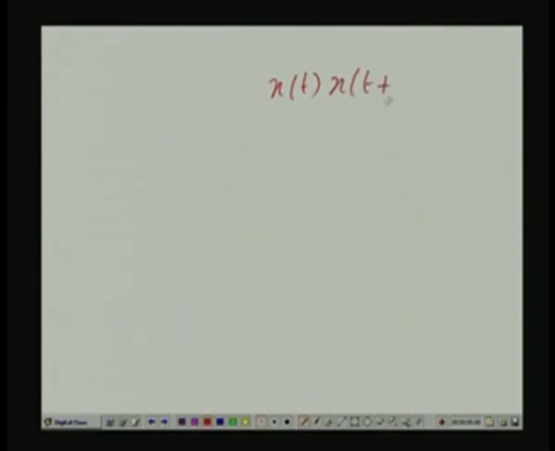Suppose you are finding out correlation. What you do to estimate this? You carry out this product over the ensemble. I mean, for each sample function, you carry out this product and average over the ensemble. That will give you an estimate of this, and if the total number of observations over which it is averaged is large and larger, it will be a very good estimate of this correlation.